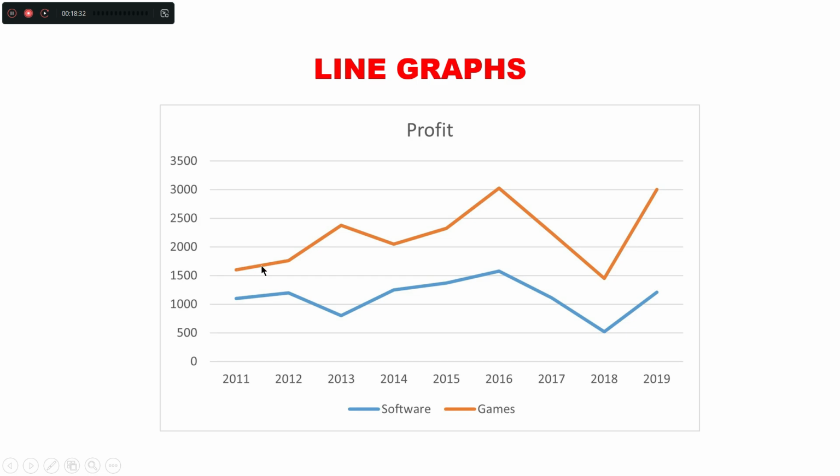For example, in red color you are indicating your income, and in blue color you are indicating your expenses. So how much income you are getting in different years, like 2011, your profit, and this is your loss. For two different companies, the profit and loss can be represented with this type of diagram, line graphs.